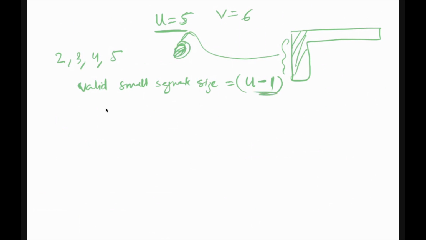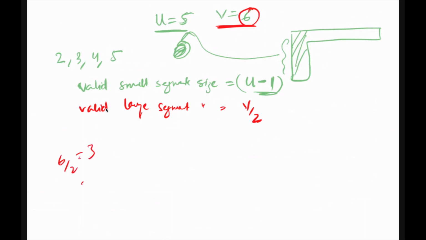And now what will be the total number of valid large segment sizes if we have v equal to 6? The total number of valid large segment sizes would be v by 2. Okay, so v by 2 is how much? 6 by 2 is equal to 3, which means we can have 2, 4 and 6.